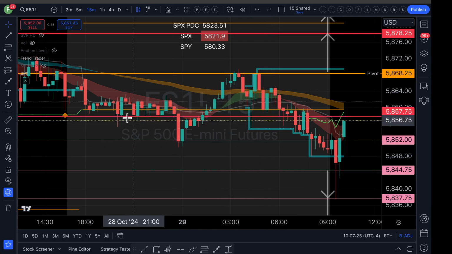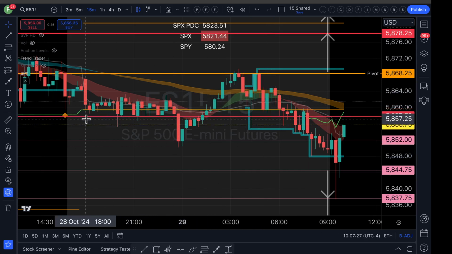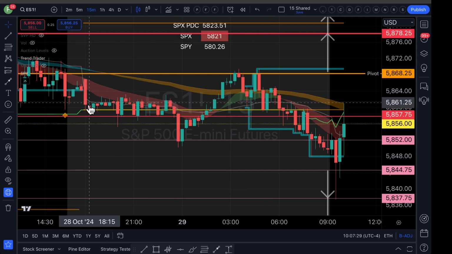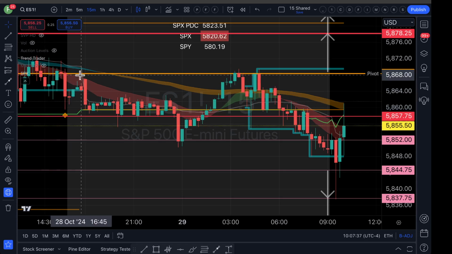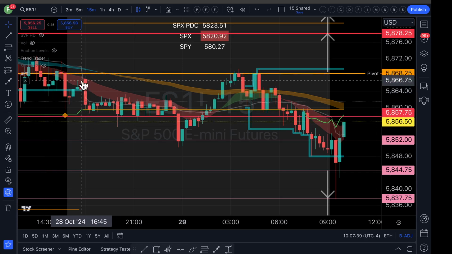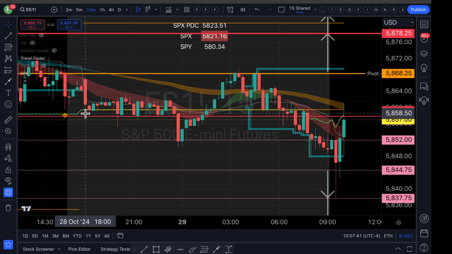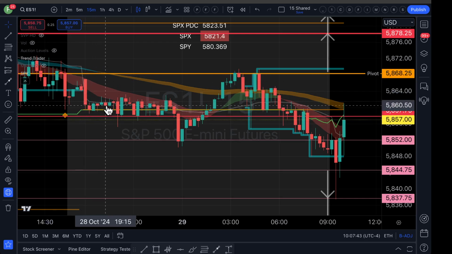So first thing, identify chop. If there's a big candle, don't trust it. Big candles are there to get you to chase the move and lose money. Big candle down, don't trust it. Wait to see what happens. You see these small candles going sideways; anything sideways, that's chop.